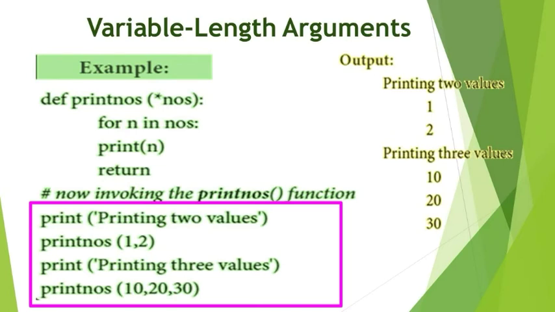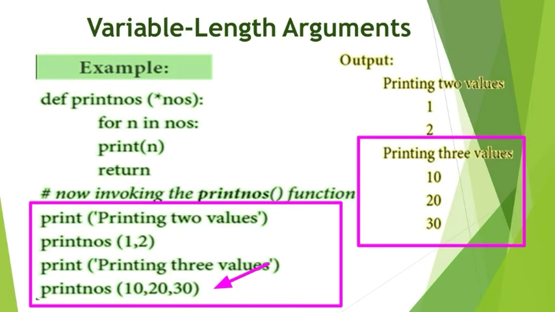When you call this print numbers function, the values 1, 2 will be printed on the output screen. And next again printing 3 values. If you want to give 3 values, again call that function print numbers. Within that pass 3 arguments 10, 20, 30. So they will be printed on the output screen.